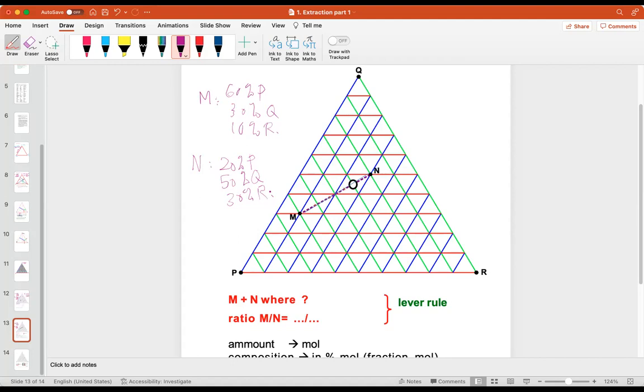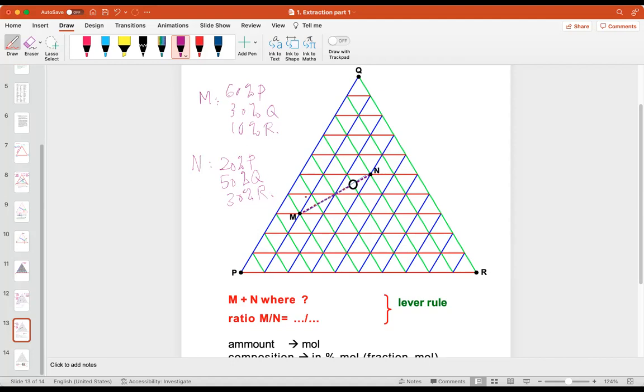Using the mass balance, you can find the mixture now becomes 2 liters, and then you can calculate the composition.